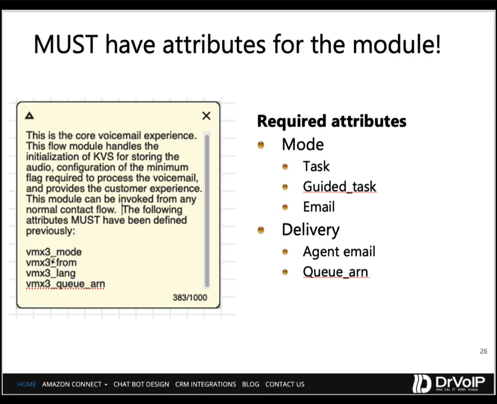So you will be setting contact attributes, 4 of them, and at least passing in the mode, which is either task, guided task, or an email. And the delivery is either going to be to an agent email or to a QARN, I guess optionally to a queue email.